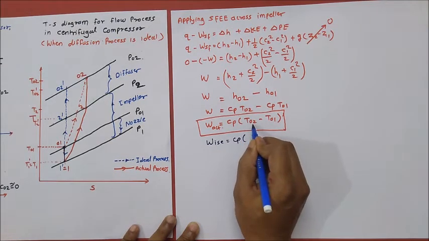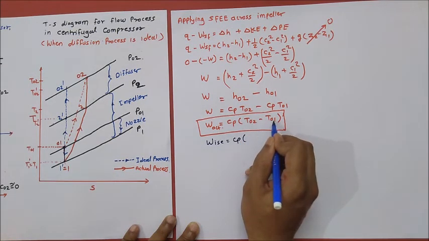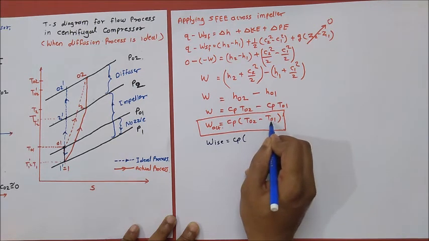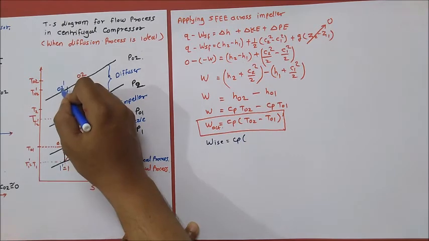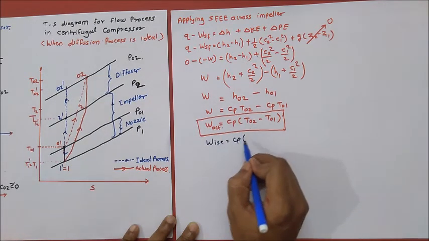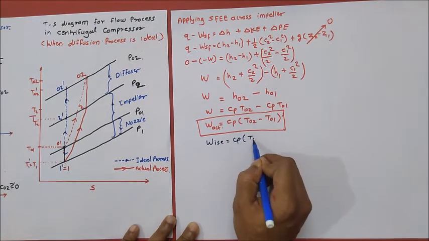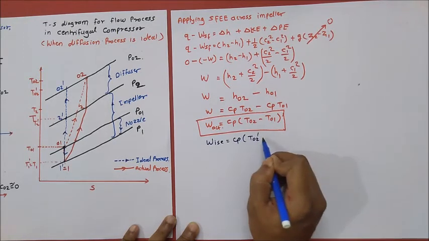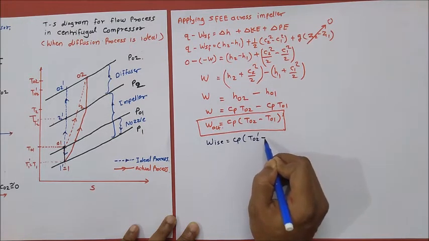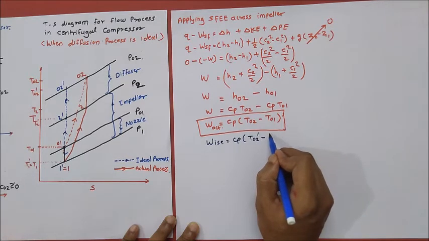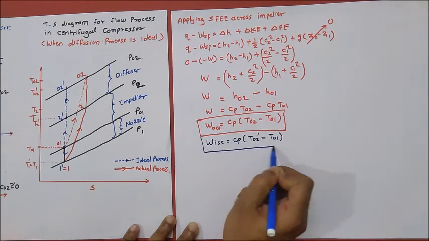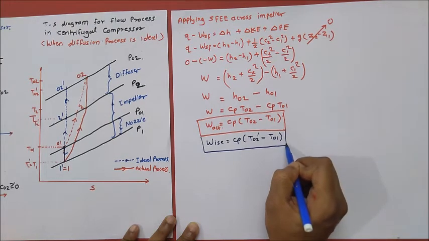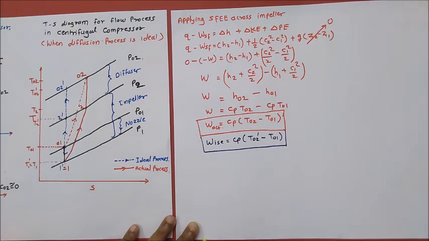Now instead of this T02 and T01, that is actual states, we have to take the isentropic states which are 01 and 02 dash, and therefore it will be Cp instead of T02 it will be T02 dash, isentropic temperature at state 02 dash, minus T01. So this is the isentropic work or theoretical work that is supplied to the compressor.